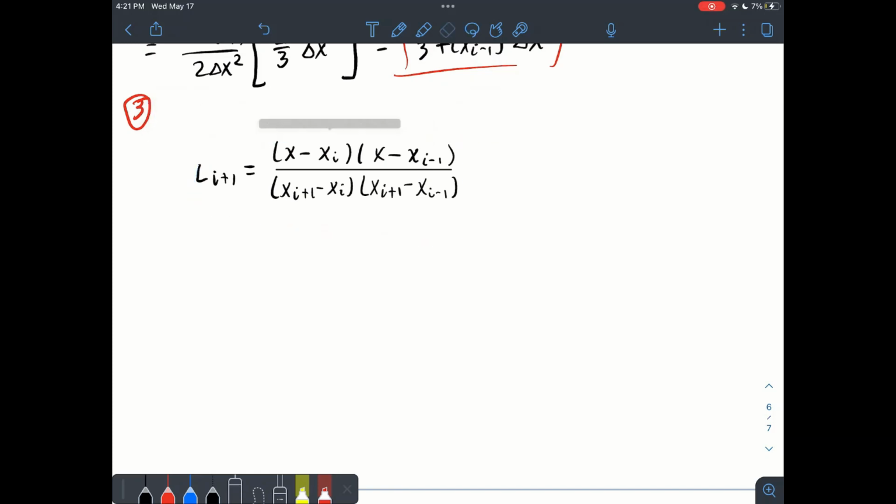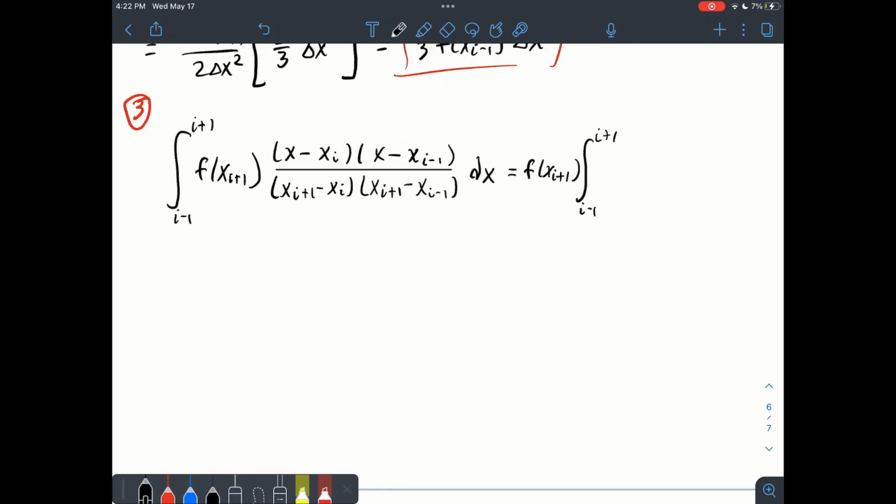Okay, again, we can delete this, add f of xi plus 1 in there, and integrate from xi minus 1 to xi plus 1. Okay, so let's figure out what our function looks like. First of all, let's move f of xi plus 1 to be on the outside.